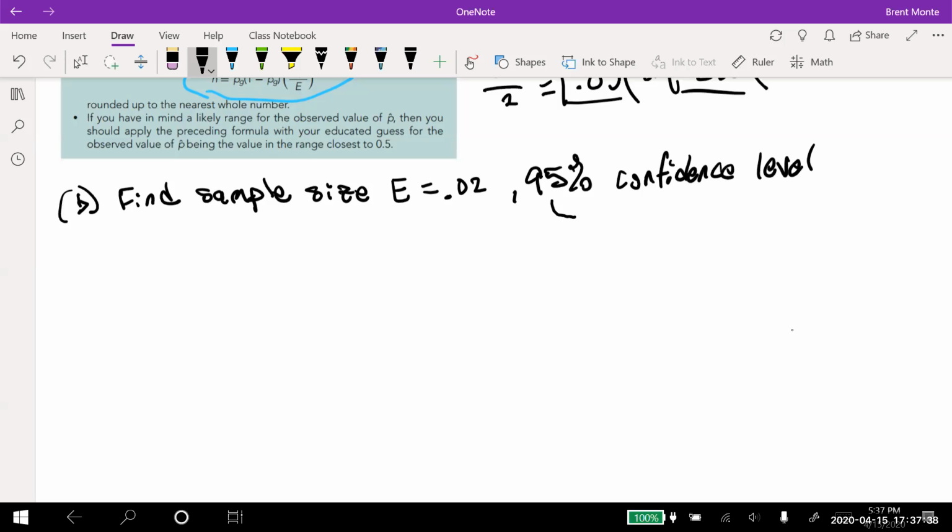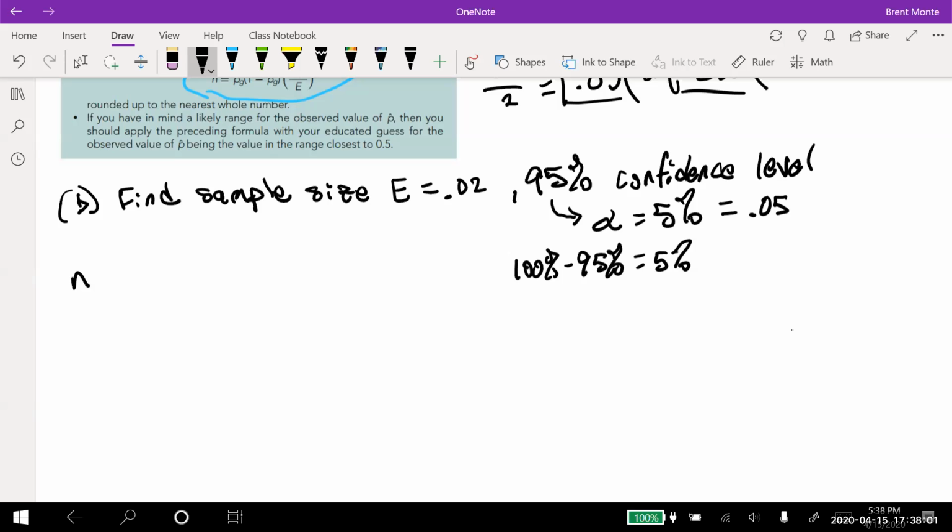But this 95% means alpha is 5%. That's the 100% minus 95%. That's what's left. Or 0.05. So that's why they have to tell us the confidence interval. That's where we're going to use that.